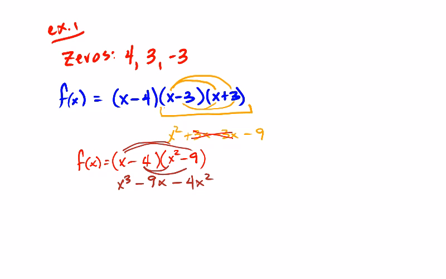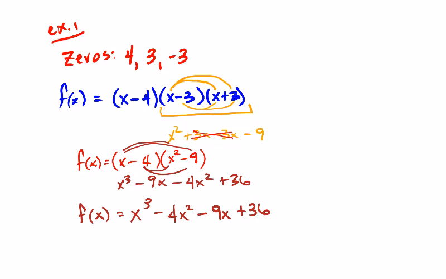And then plus 36. And the important thing here is we want to write the answer in standard form. So that means the highest exponent down to the lowest exponent. So it would be x cubed minus 4x squared minus 9x plus 36. And that's how we would write a polynomial function that has zeros of 4, 3, and negative 3.